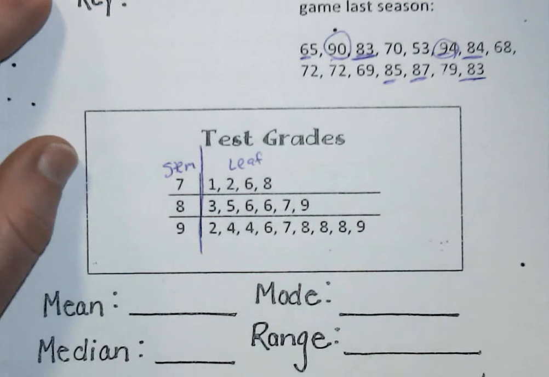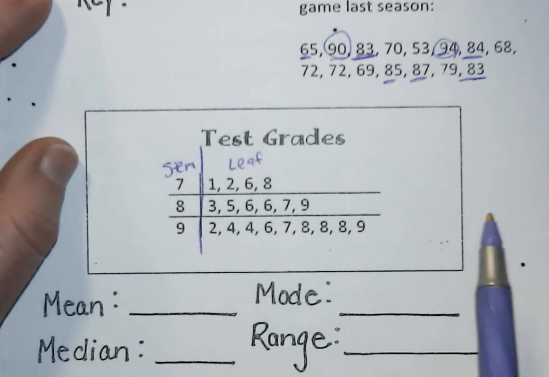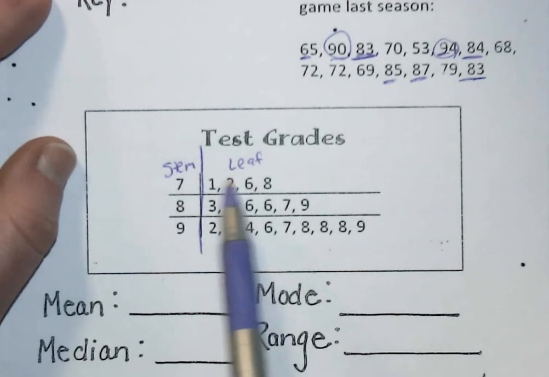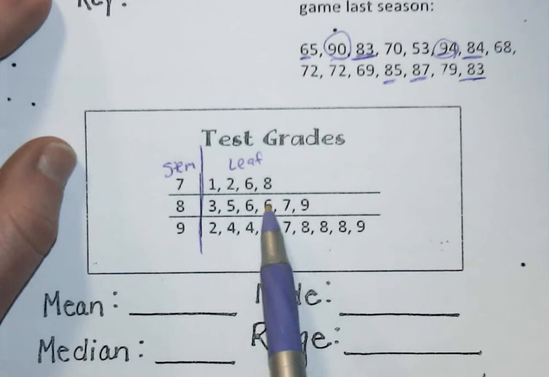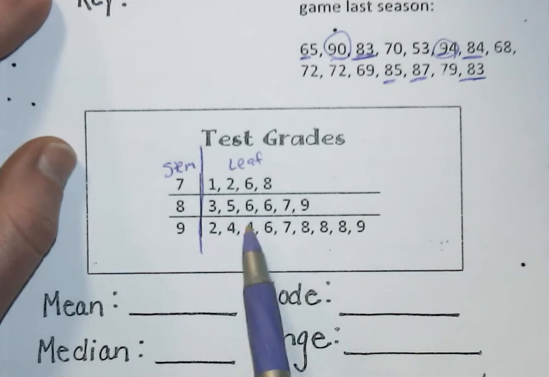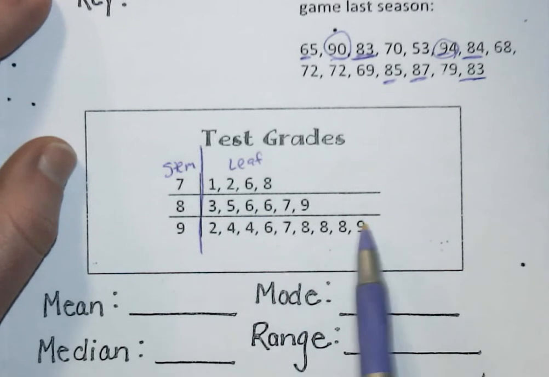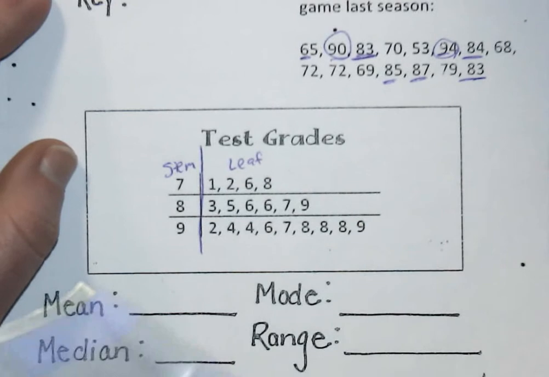If you want to know how many people there are or how many numbers there are, if you just count your leaves, that'll tell you. So there's 1, 2, 3, 4, 5, 6, 7, 8, 9, 10, 11, 12, 13, 14, 15, 16, 17, 18, 19. There's 19 leaves, so that means there's 19 different numbers. There's 19 different test grades we're looking at right here.